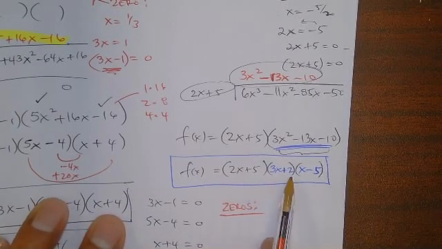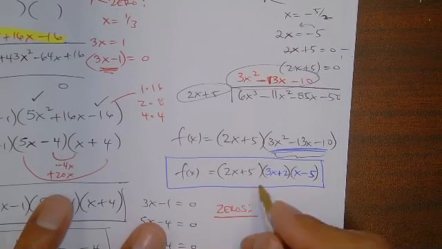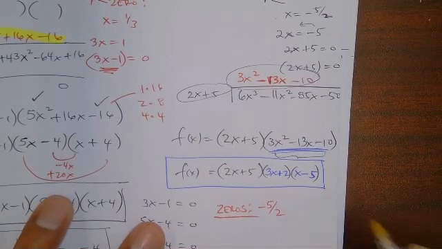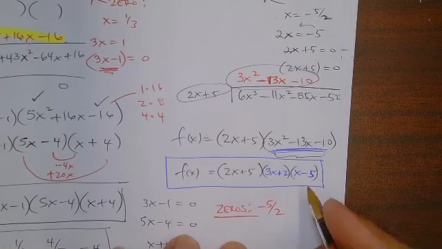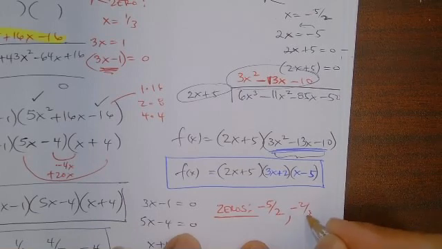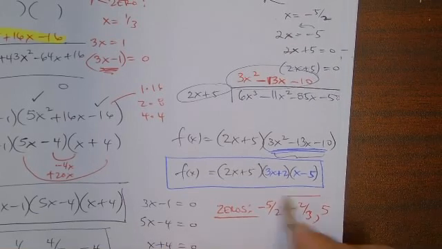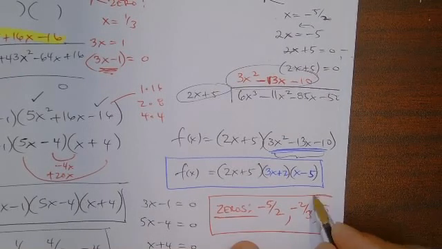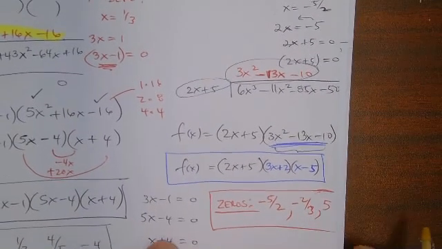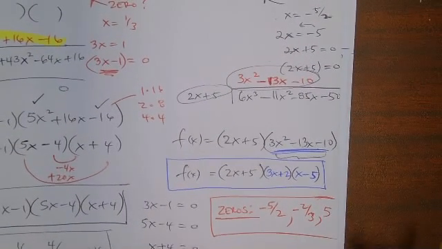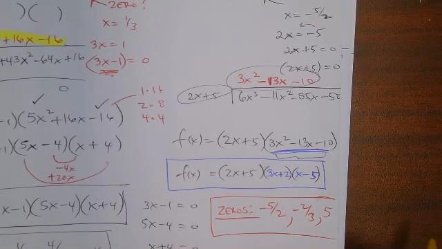And now the zeros. Set this one equal to 0 and solve it. Set this one equal to 0 and solve it. Set this one equal to 0 and solve it. The zeros are going to be negative 5/2. Oh yeah, that's the one they gave you. This one's going to be negative 2/3. And this one's going to be positive 5.